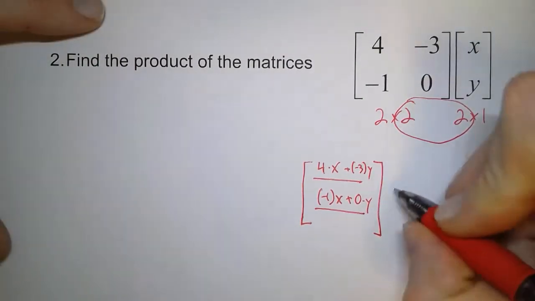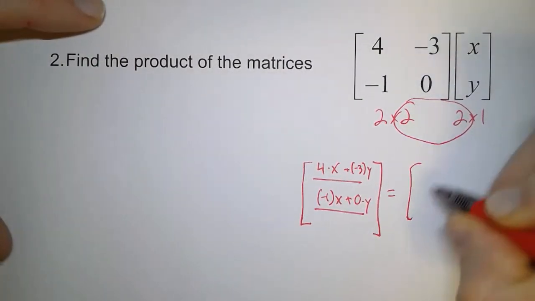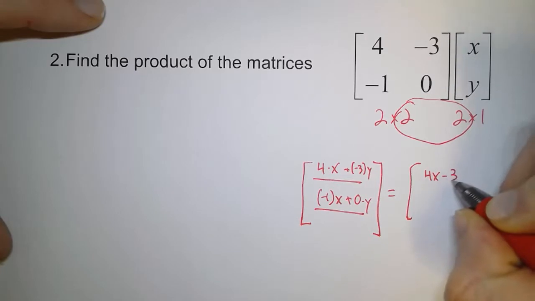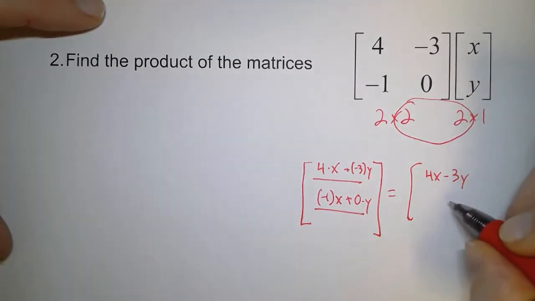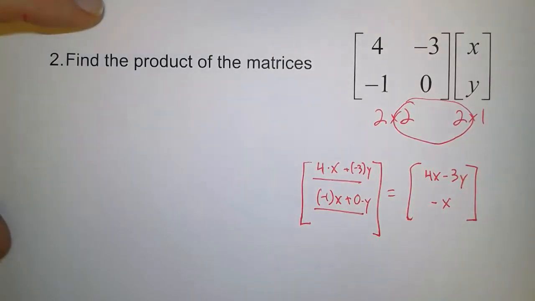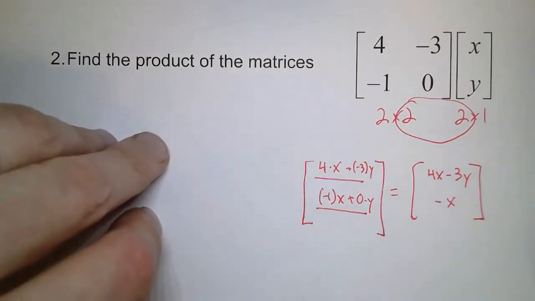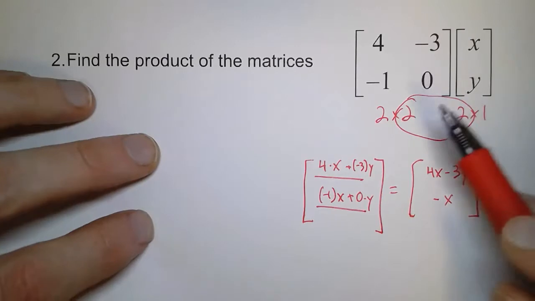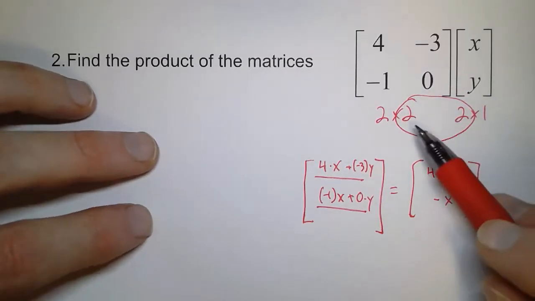So when I simplify that, I get 4x minus 3y, and I have -x in the second row. So there is our product. Always have to keep checking this, because anytime those two numbers don't match, we can't multiply.